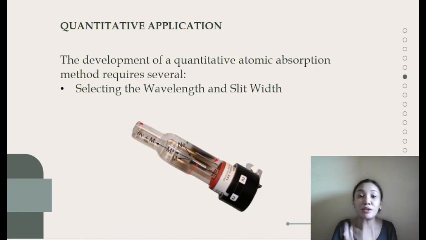And if we are going to use continuous radiation sources, their slit is narrow. If the slit is narrow, then there is a tendency that their sensitivity is lower. If it is lower sensitivity, then it is expected that we are going to have an interference which affects the accuracy of our analysis. That is why always bear in mind that in selecting the wavelength and slit sources, we have to use those radiation sources that are narrower than the atomic absorption lines.